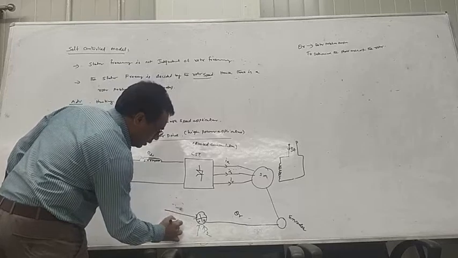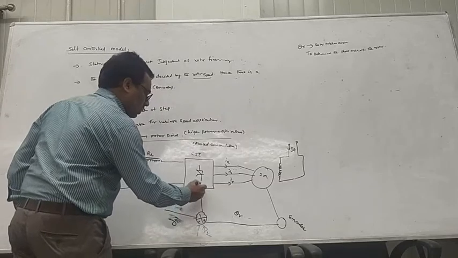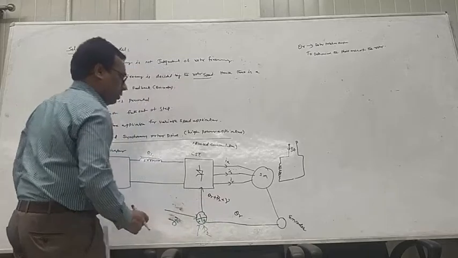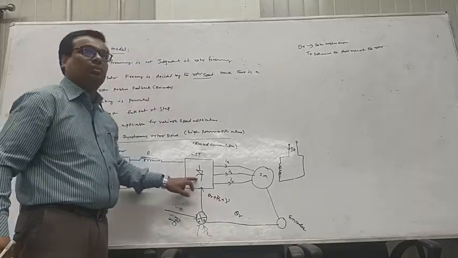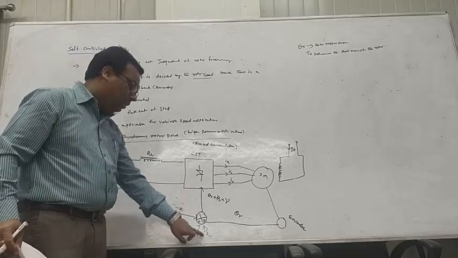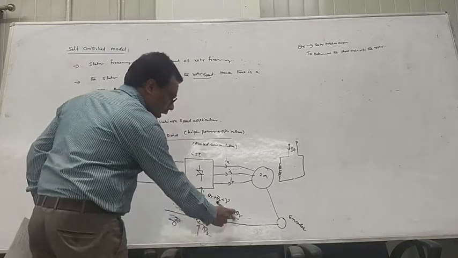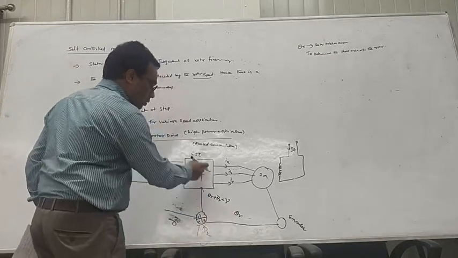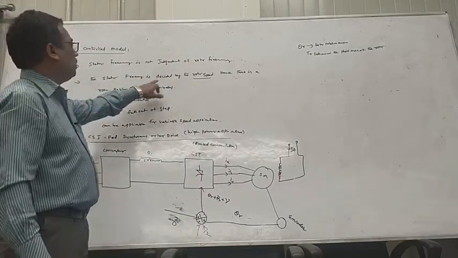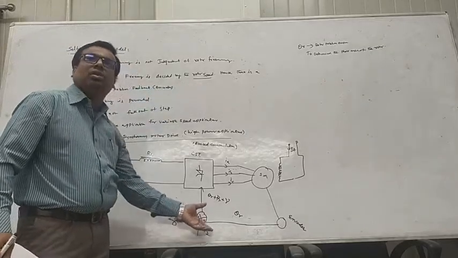So what goes to the inverter is theta r plus pi by 2 plus gamma, to maintain that the stator frequency is decided by the rotor speed. Why gamma and pi by 2 are added, I will explain.